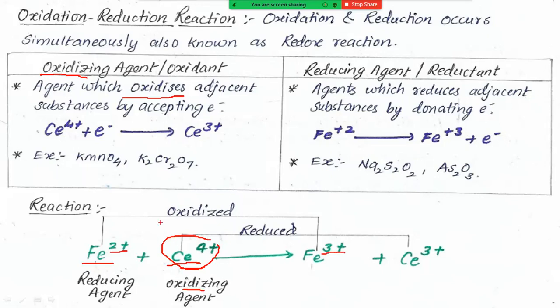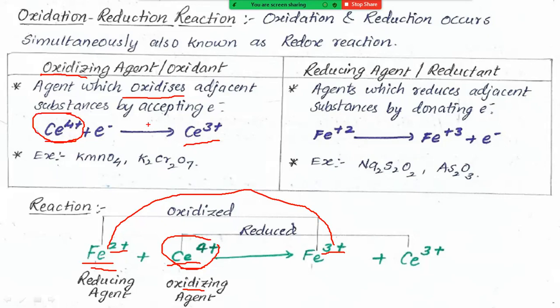An increase of oxidation number is also called oxidation, right? So how does this ferrous ion get converted into ferric ion? Due to the presence of an oxidizing agent. So what will the oxidizing agent do? An oxidizing agent oxidizes the adjacent compound. For example, ferric ion is converting into ferrous ion, so what is happening here?